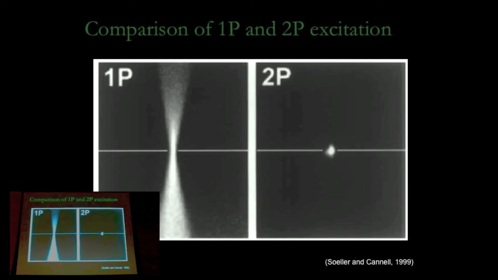So the objective's down here, focusing the light down to the sample, and you see that cone of excitation that's out of focus above and below. And with the 2-photon, only a small volume right at the focal plane of the objective is excited.